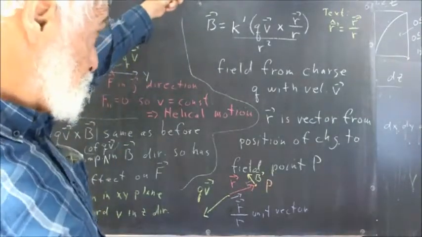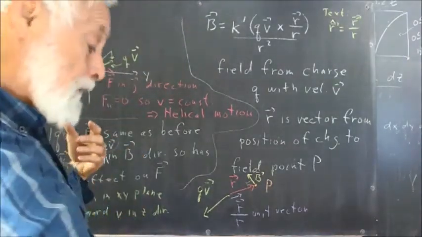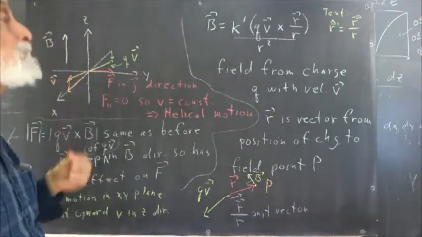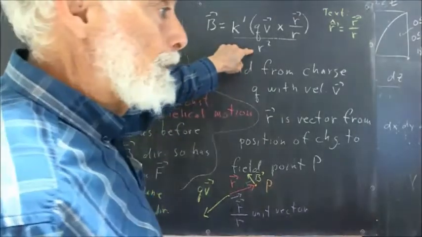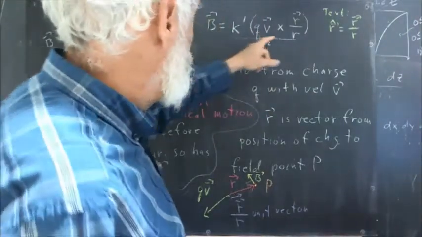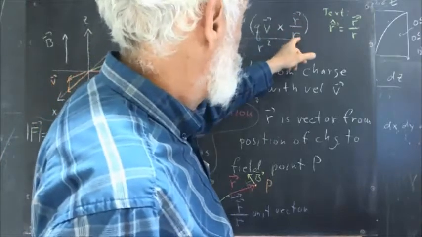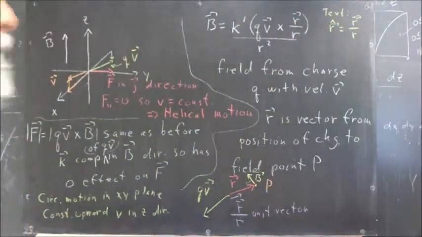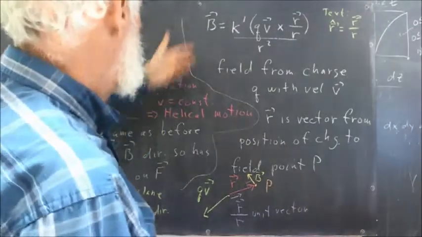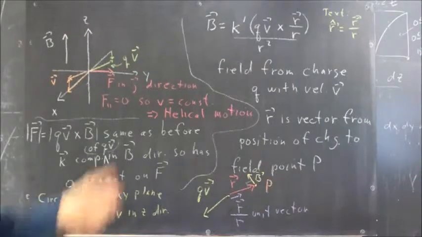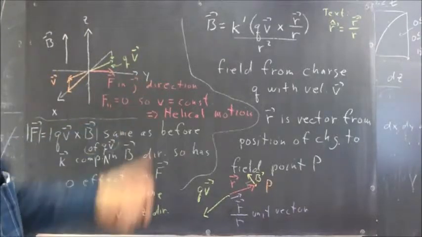Just like the law for the electric field, it's an inverse square law. The difference is we have a cross product with our unit vector as opposed to the expression for the electric field due to a point charge.